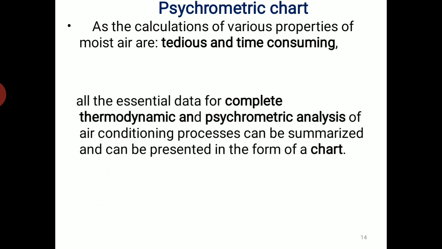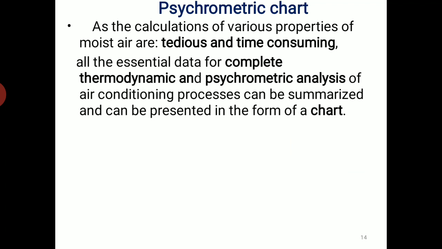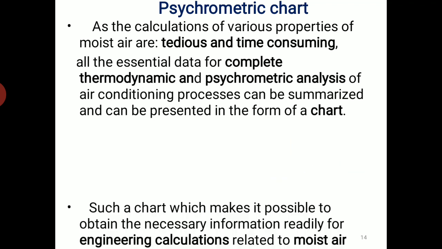As the calculations of various properties of moist air are tedious and time consuming, all the essential data for complete thermodynamic and psychrometric analysis of air conditioning processes can be summarized and represented in the form of a chart. Every calculation is time consuming, so we can directly refer to this chart in order to save time.